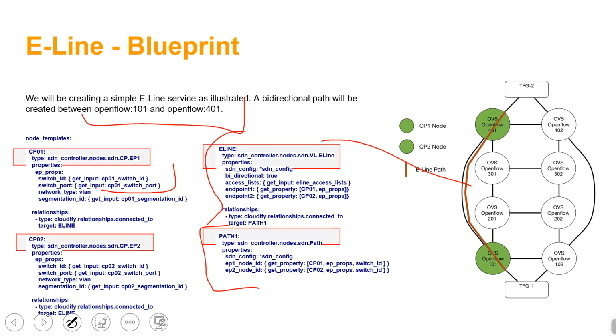Cloudify would go and talk to the SDN controller to create that tree path. In the tree path, we have already specified the root node ID and the two leaf nodes. So you've given all the information to the SDN controller about the tree path you want to create. The controller will do all the work and return the details to Cloudify, which will be attached to this E-tree. That's the workflow.